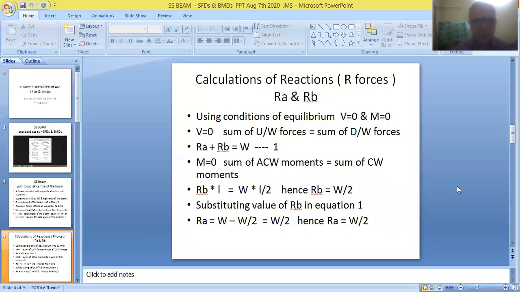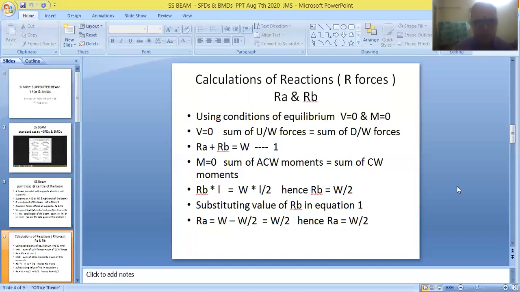So friends, as I've already told you, calculation of reactions, within brackets reaction forces, is very essential. Leave alone solving the problem, even for starting the problem, calculation of reaction forces is very important. The reaction force at point A is called RA, and the reaction force offered at point B is called RB.